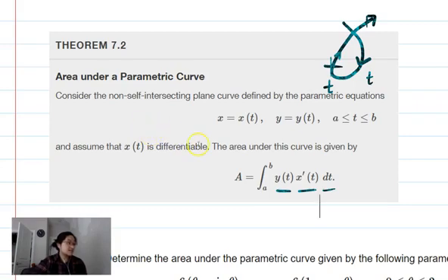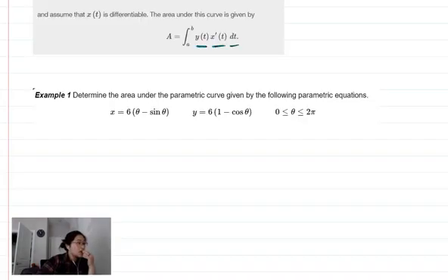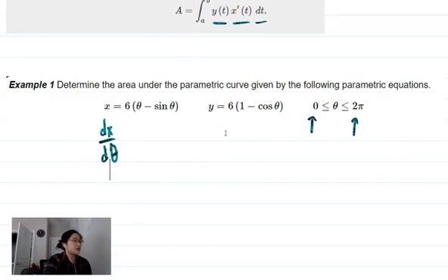So let's try it. All of a sudden, we have a parameter that is no longer t, it's theta. And that is okay. We can change what our parameter is as long as we're responsible about how we deal with it. So we do have our bounds on our theta. We have x in terms of theta, and we need our derivative of x with respect to theta. Let me zoom in a little bit. Okay.